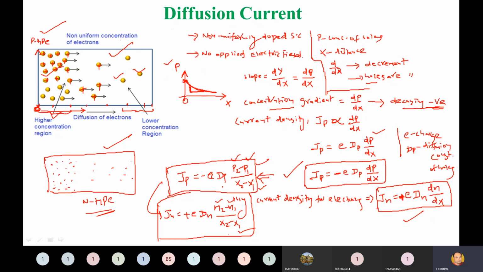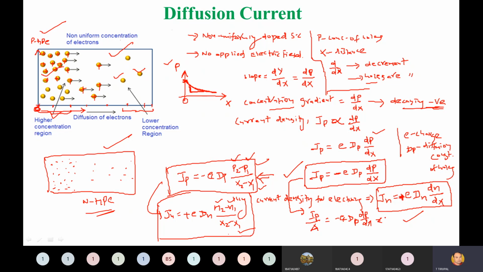And they will also ask to find the current. So when they ask to find current, what happens? Suppose for holes, this is the current density. What is the formula for current density? It is Ip divided by A, current divided by area. So Jp is minus e dp into dp by dx. So what is the current?